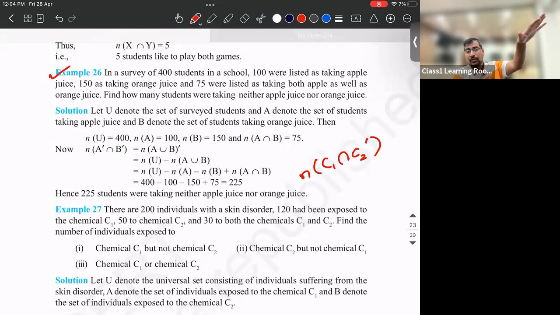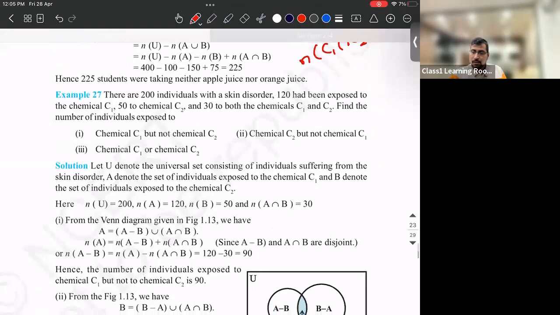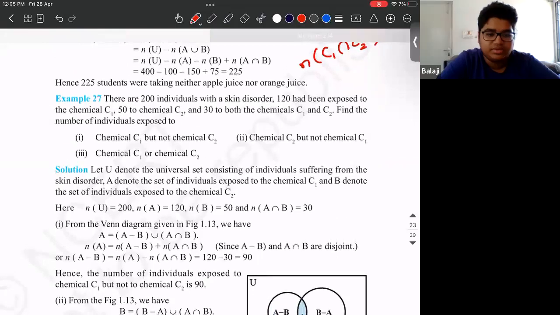At the same time, he is not affected by chemical 2, because there is a scenario where 30 people are affected by both C1 and C2 put together. So in my statistical analysis, I'm trying to find those who are affected only by C1. That is the meaning. Are you able to understand what I'm saying? Yes, sir.